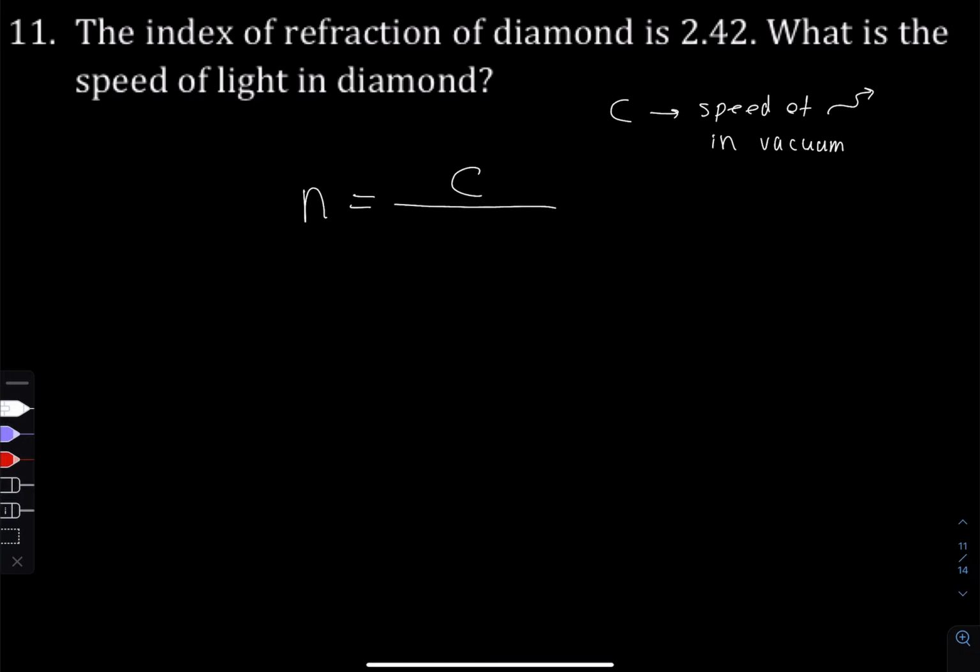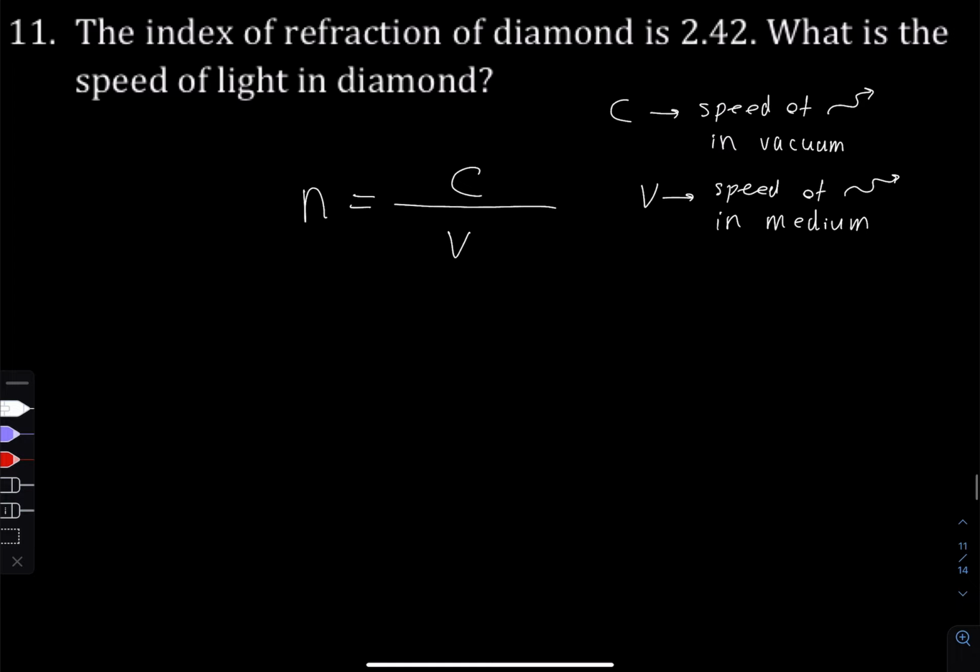There's nothing, right? And then v here is the speed of light in the medium that we're talking about. So the medium can be like glass, water, oil, air, whatever.